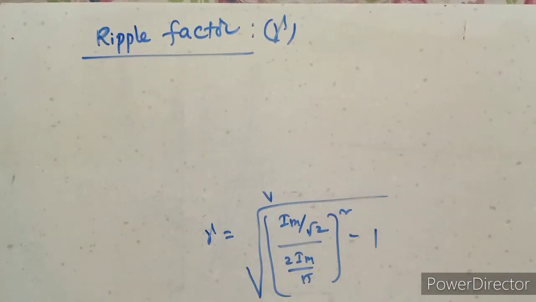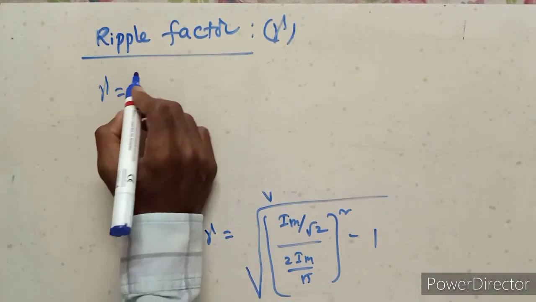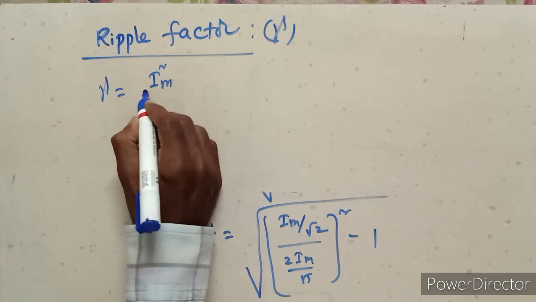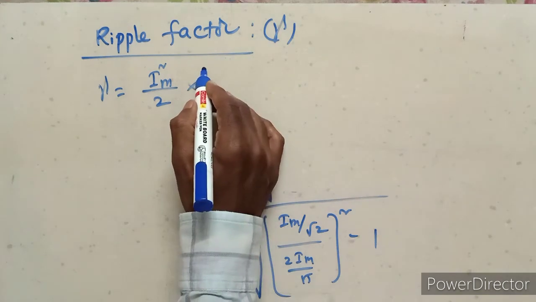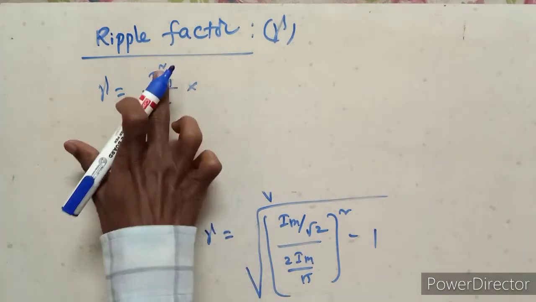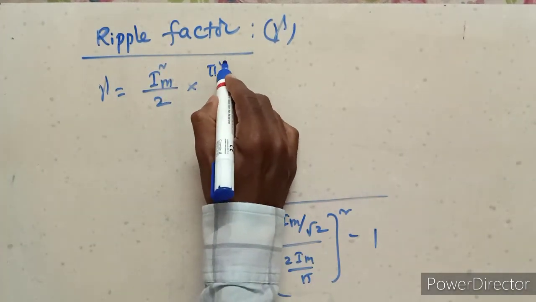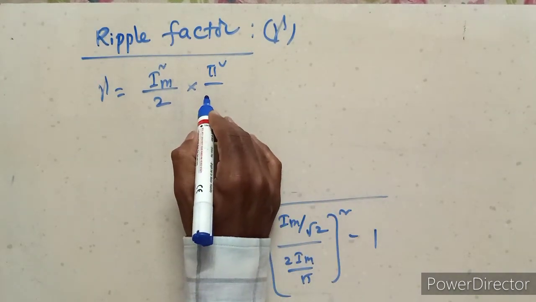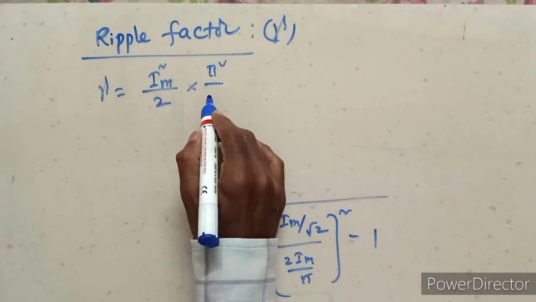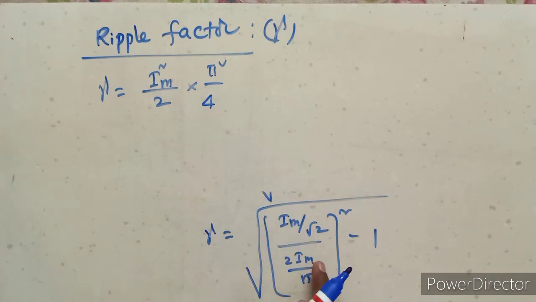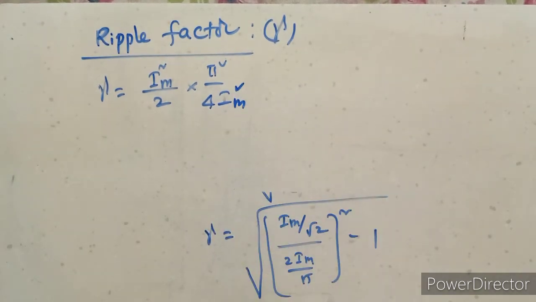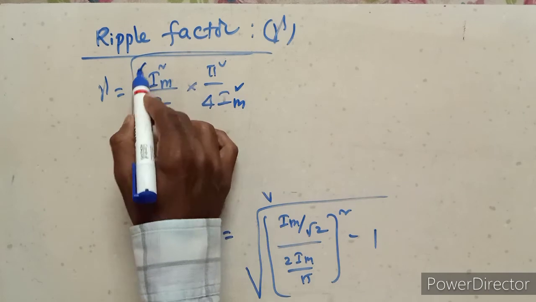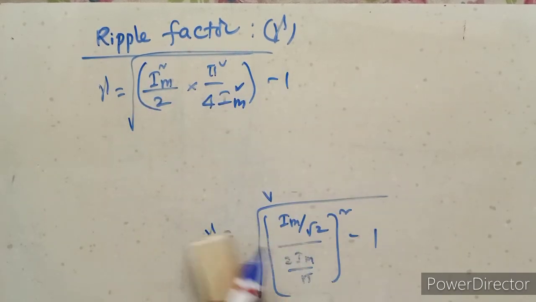This can be written as gamma equals under root of I squared m upon 2 into pi squared upon 4 I squared m, minus 1.